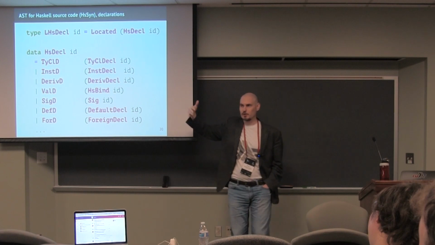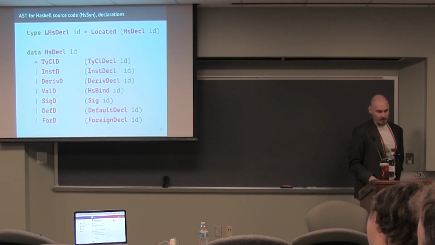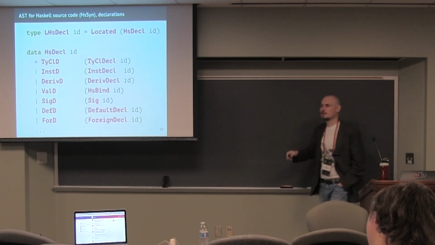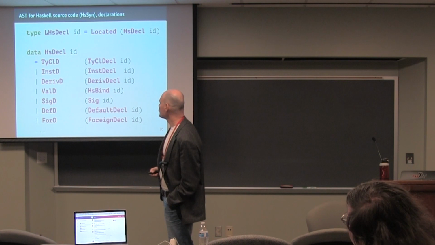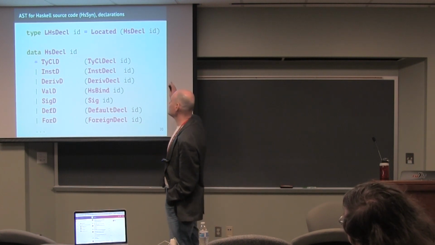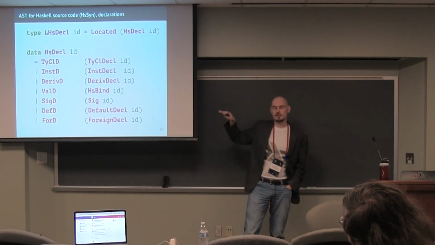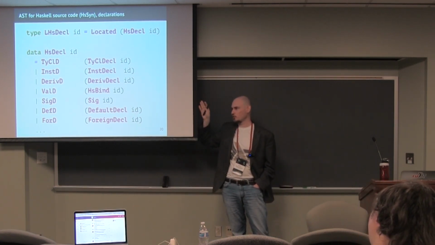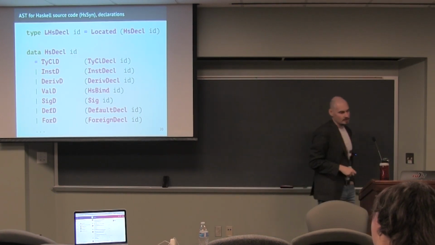So type class is just one example of a declaration in Haskell source code. Then you can see instance. Yes. The very first thing. I'm assuming Located just means that you know where it is in the source file and you can kind of ignore it. Yeah, exactly. It just gives you information about where in the source code you can find it. Of course, in this syntax tree it's useful for error reporting, just to say where this thing is.